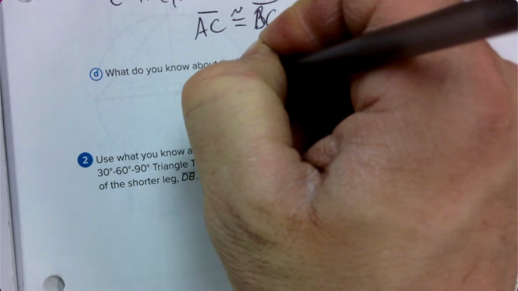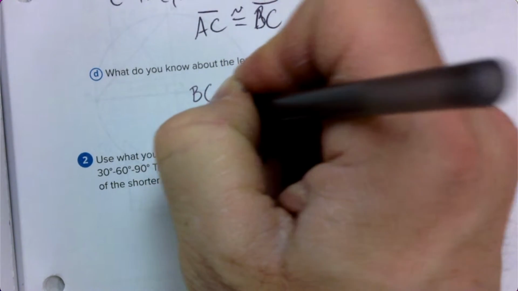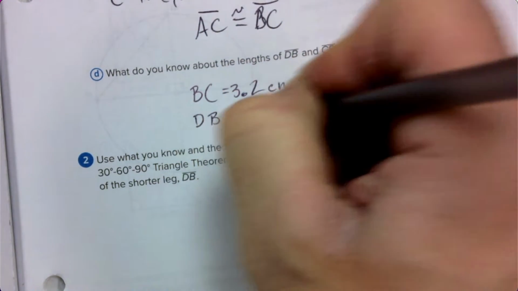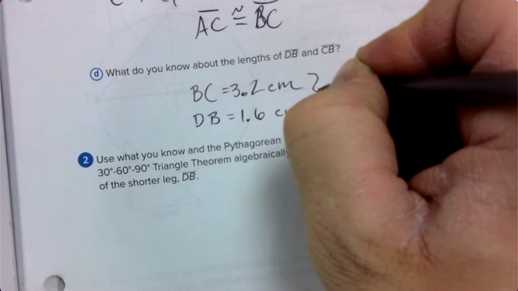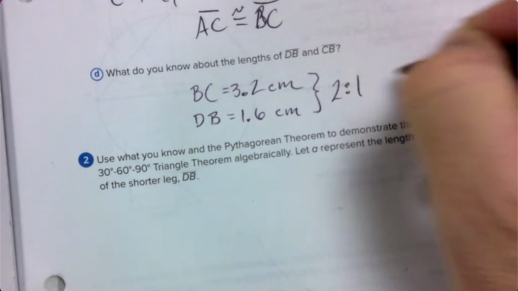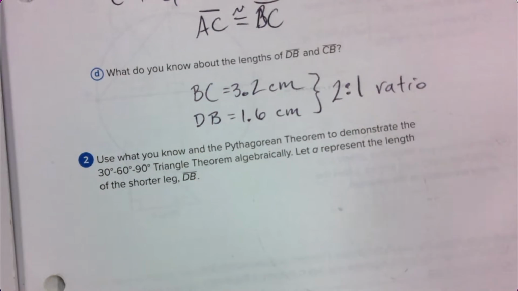So when I go back to DB and CB, I can say that BC is 3.2 centimeters and DB is 1.6 centimeters. This looks like a 2-to-1 ratio.